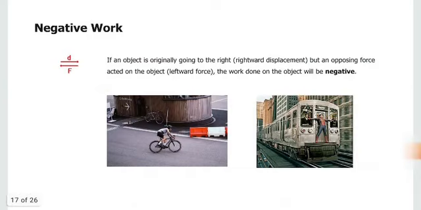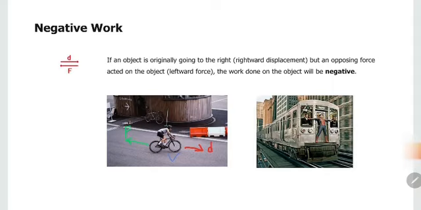Oh, there are cases na negative work, di ba? Tulad ng halimbawa doon sa bike. O, dito parang yung bike, papunta sa palusong. So, it's moving, displacement is, let's say, to the right. Para medyo bumagal ka, you will press the preno, di ba? You will press the brake.